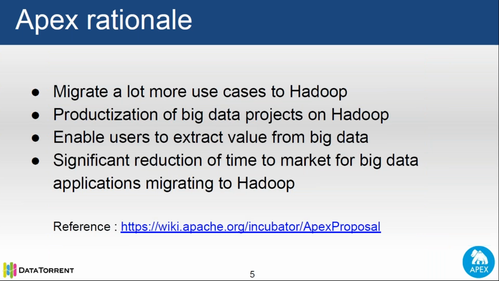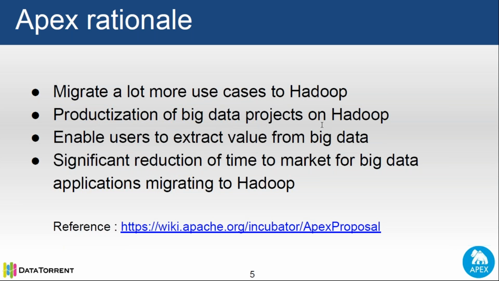So basically, we need a platform which takes care of these things, and eases the burden on app developers to develop big data applications. This is actually the rationale behind the Apex platform. If we look at the overall big data ecosystem, there are many such projects. But why do we have yet another project which is doing the same thing?